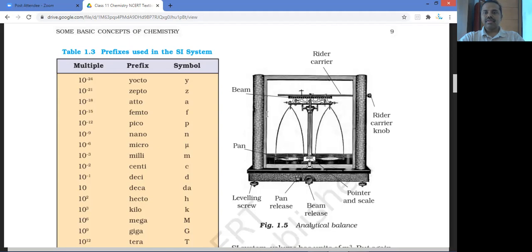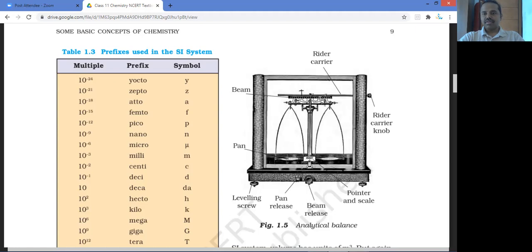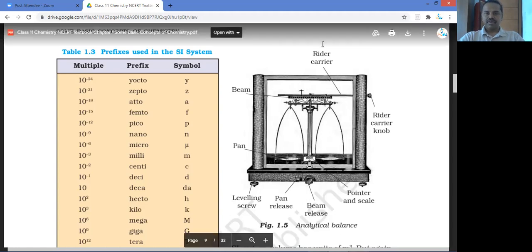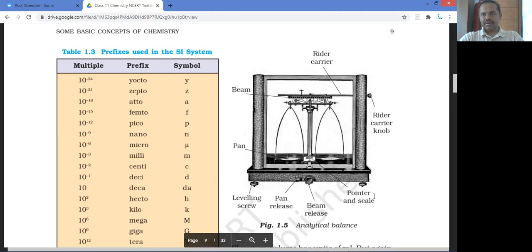The reason they give this is that when you put some weights on one side and some substances on the other side, some substances will take a bigger volume, so you slightly move it to the right. So just remember, there's a beam, a rider carrier and a rider carrier knob, basically to fix it. And then the pan to rest the weights, and then the pan release, pointer and scale.